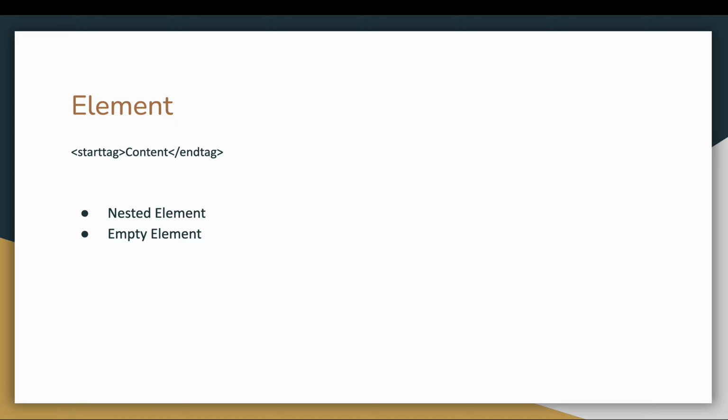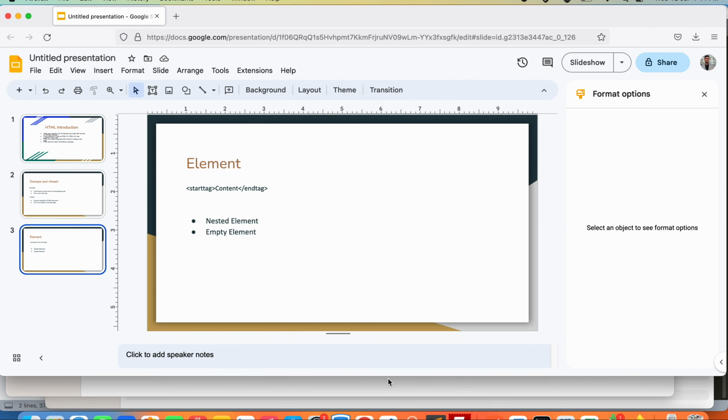So what is an element? An element starts with a tag, there's a tag name, and it builds with that tag name, and inside that we use some content. That is an element. So you can say it's a form of starting and ending tag, and inside that we have some content. Okay, I will show you a structure and explain how it works.